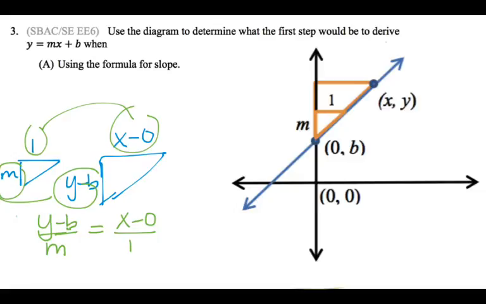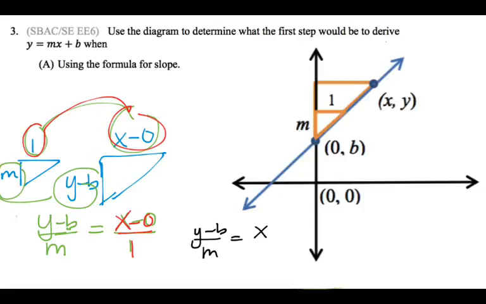Okay, if you want me to color code these, let's see. Okay, there we go, that's a little bit better. Now what I'm going to do is multiply both sides by m. Actually, before I do that, let's rewrite this as y minus b over m equals x.